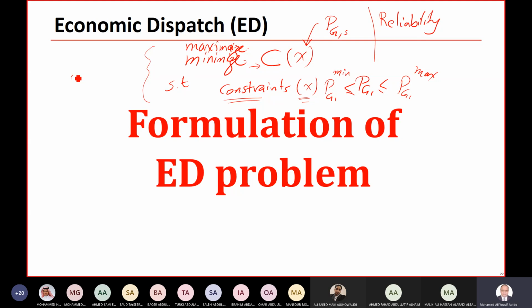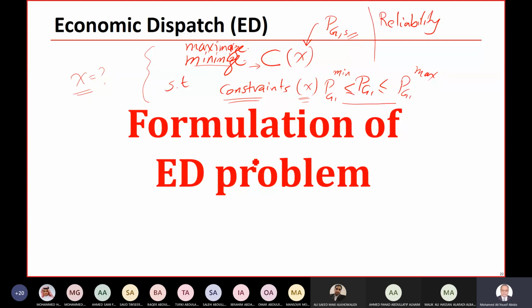The solution of this is how to find X. This is the solution. How to find the power output of each generator. This is the solution in order to get the minimum value of C, and at the same time you satisfy all the constraints. Okay, so this is simply the solution.